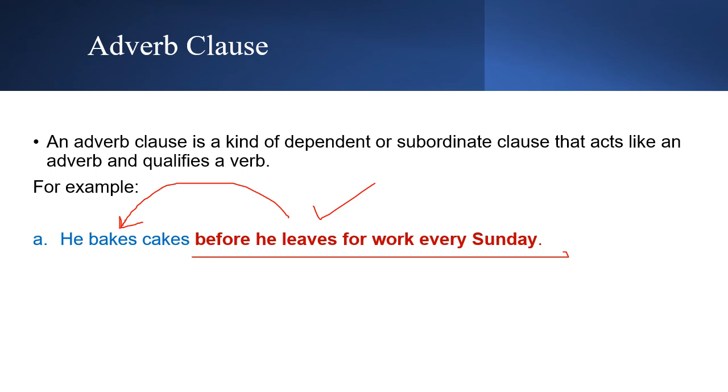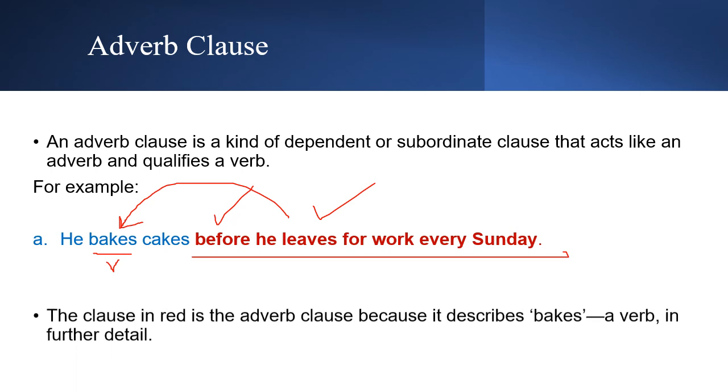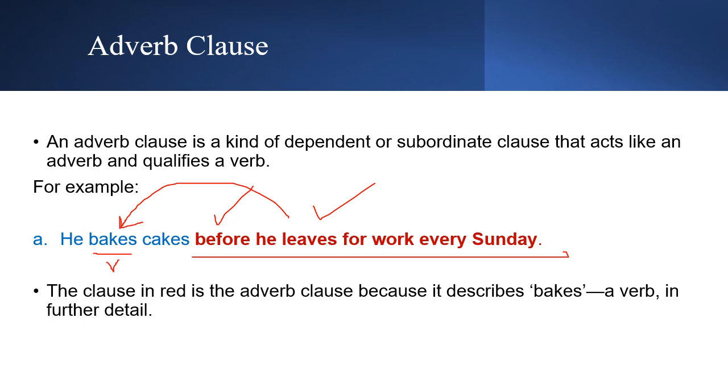That's why he bakes cakes. Now the word bake is a verb. This whole thing, which is a subordinate clause, is telling us more about the reason why somebody bakes cakes. So that one is an adverb clause. The clause in red is the adverb clause because it describes bakes, a verb, in further detail.